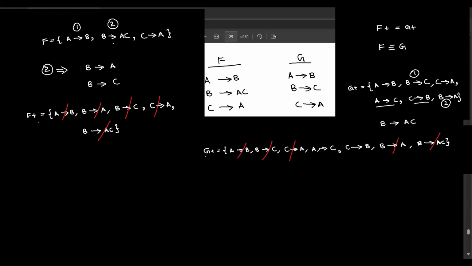Now I have to find out A functionally determines C and C functionally determines B from this one. How can I do that?